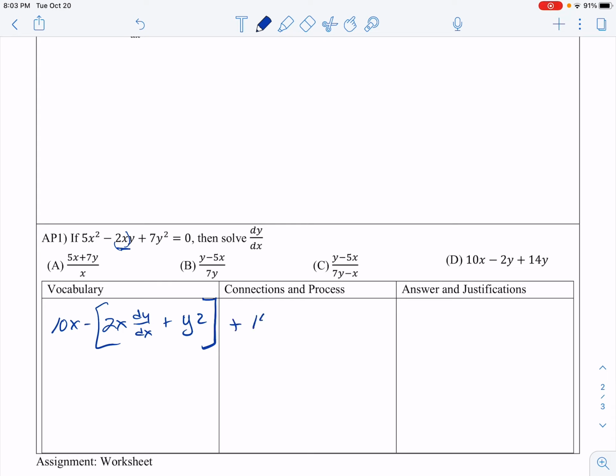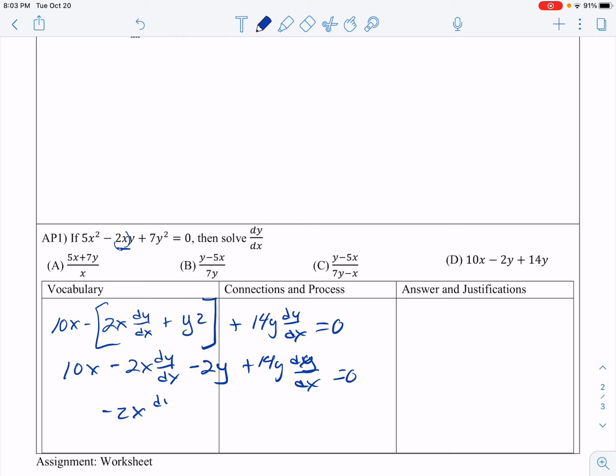Plus 14y dy/dx equals 0. Let's see, 10x minus 2x dy/dx minus 2y plus 14y dy/dx equals 0. Move the terms that don't have a dy/dx in them.